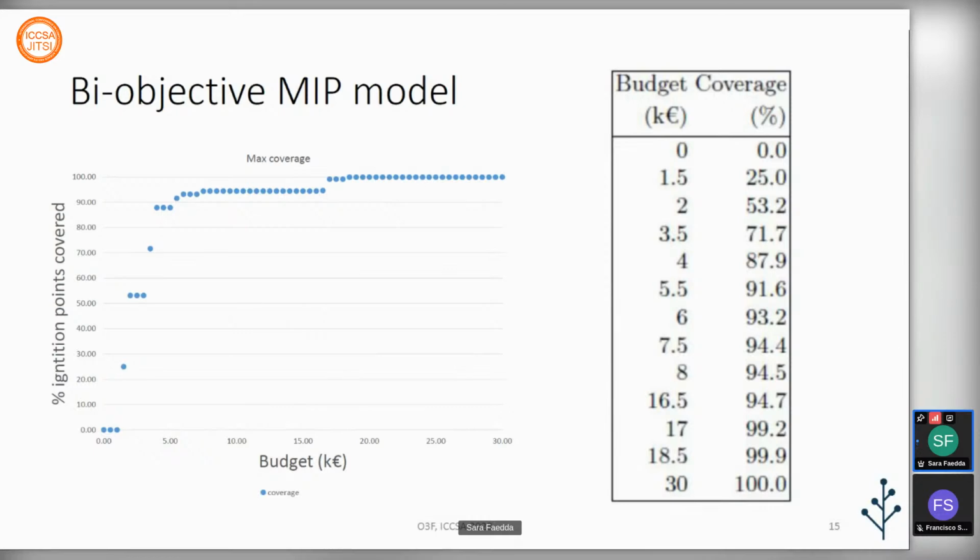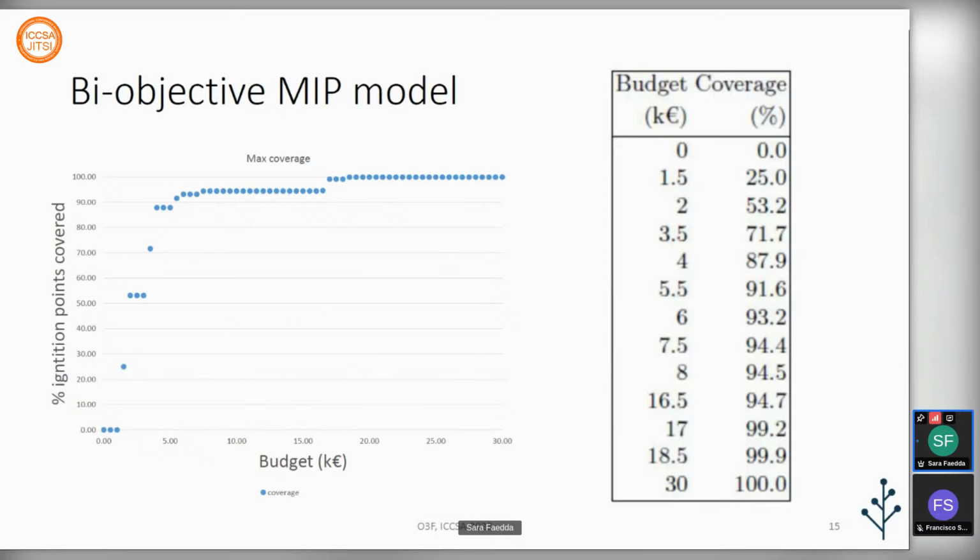So for each budget we have the coverage, and when we increase the budget from 0 to 30, the coverage also increases. With 30,000 euros, we can totally cover the region. But as in multi-criteria problems, which solution you choose will depend on the judgment of the decision maker.